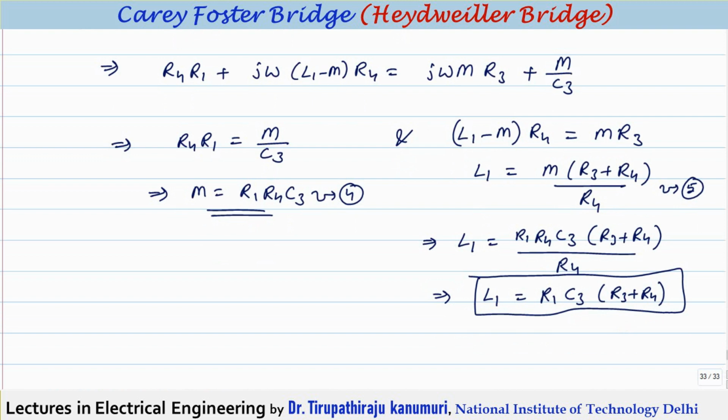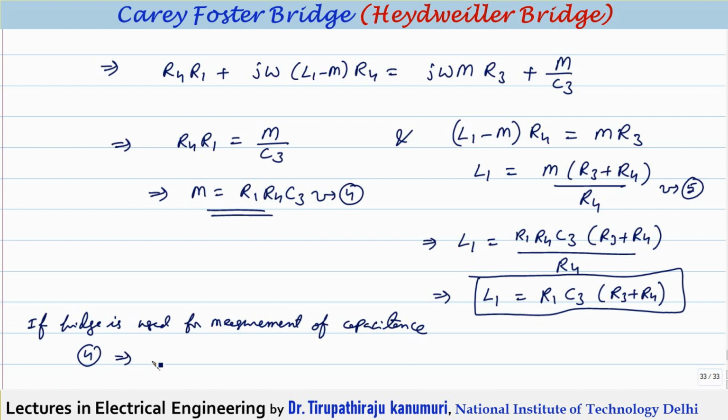Let us assume that instead of L1 and M, I want to measure the value of the capacitance. How to measure this? That is called the second bridge. If the bridge is used for measurement of capacitance, then from equation number 4, we can tell that the value of C3 will be equal to M divided by R1 R4.